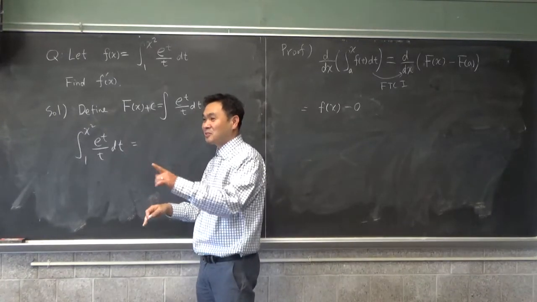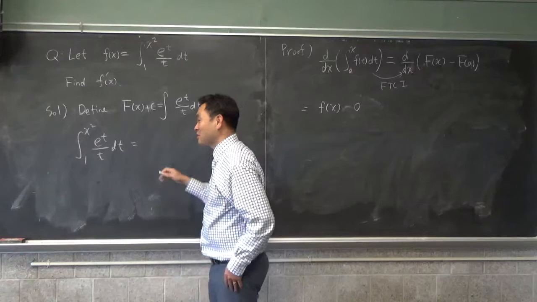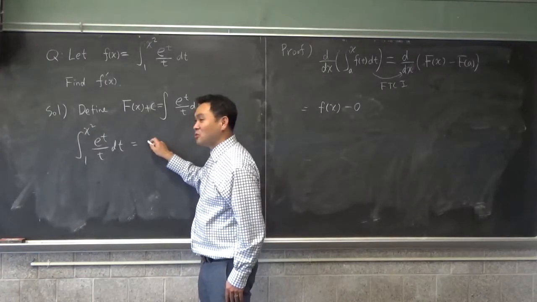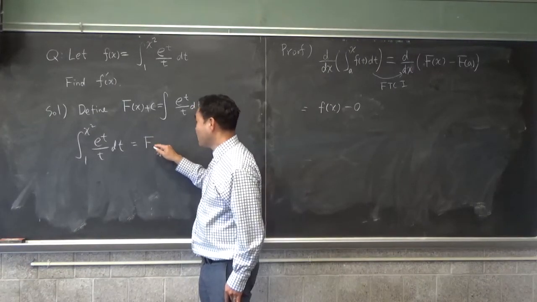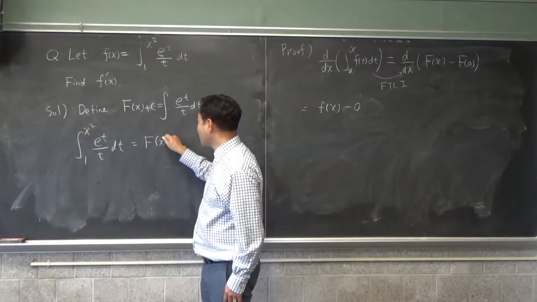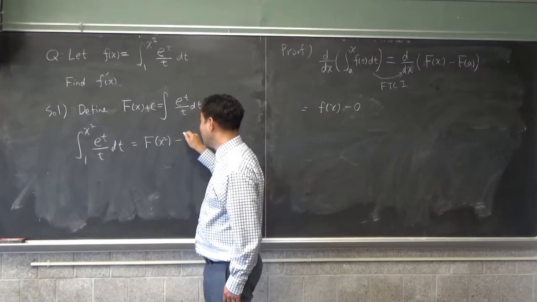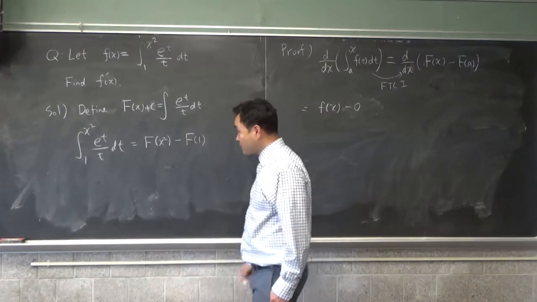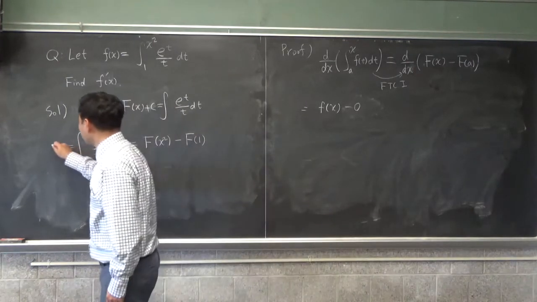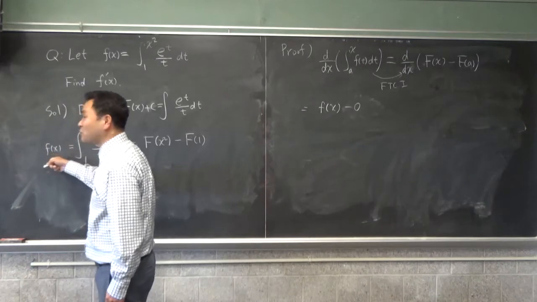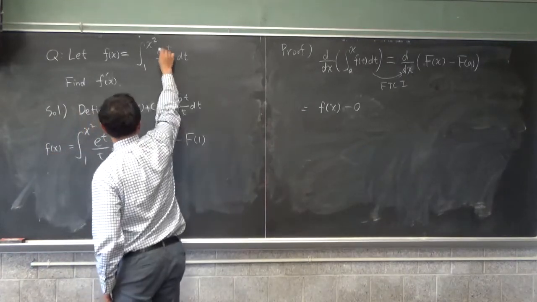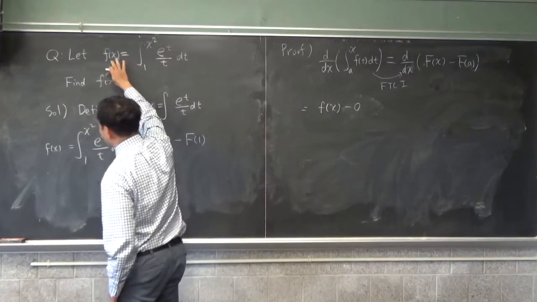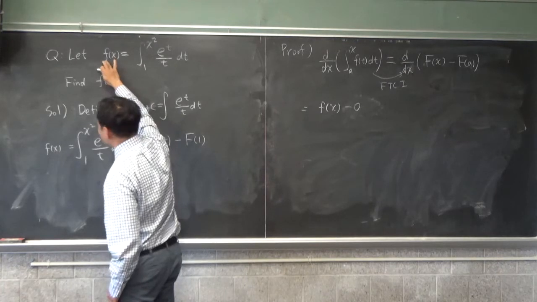So you evaluate this F where? X squared. Yeah, minus capital F of 1, but then that would cancel out because it's a constant. And that's your small f of x. Sorry, I'm using small f of x for something else. It used to be this as f of t, but this is totally different. Maybe we should have named it as g of x.